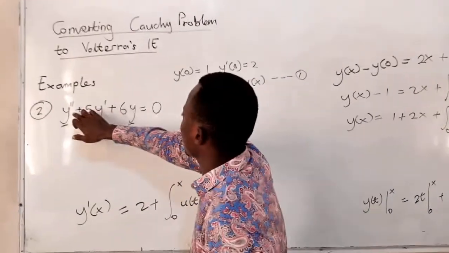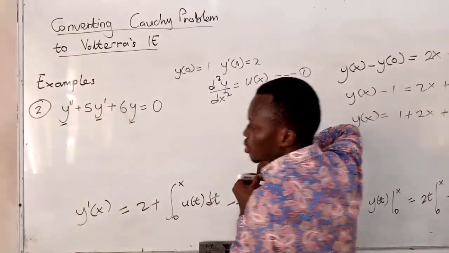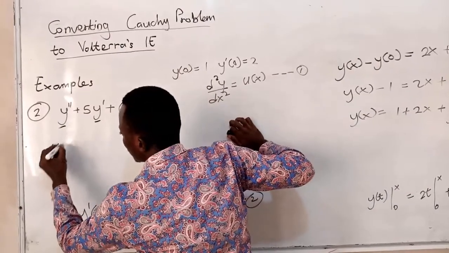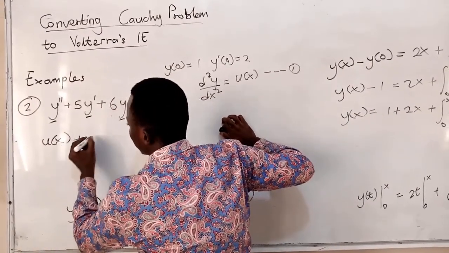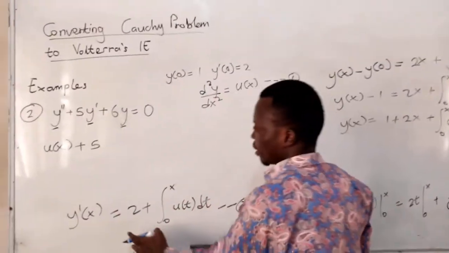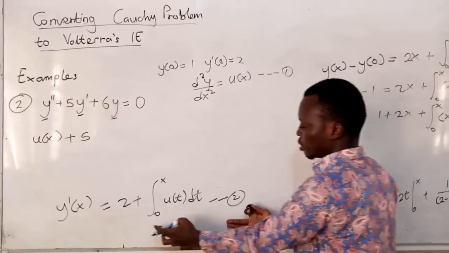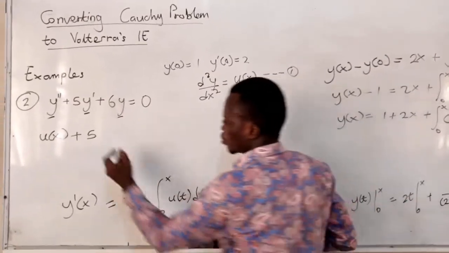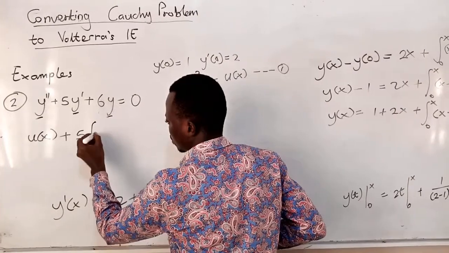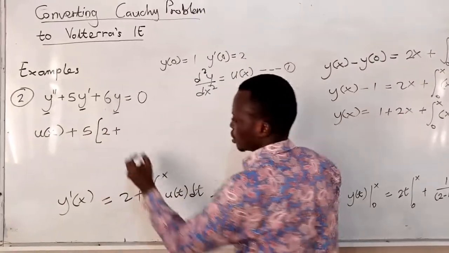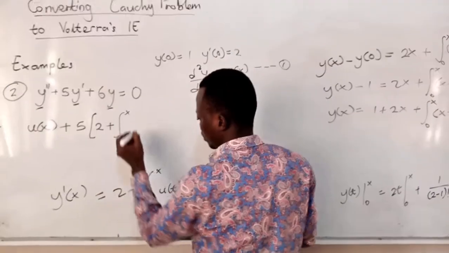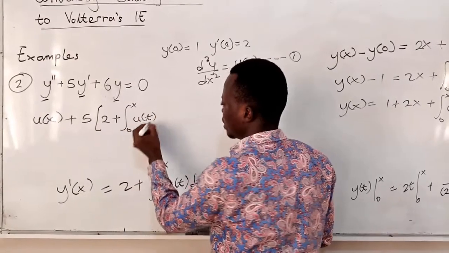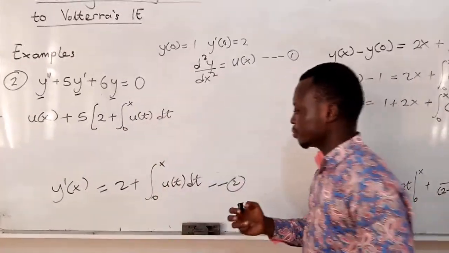So our y double prime is u of s, so we have u of s here plus 5 times y prime of s, which is equal to this, in brackets, 2 plus the integral from 0 to s of u of t dt.